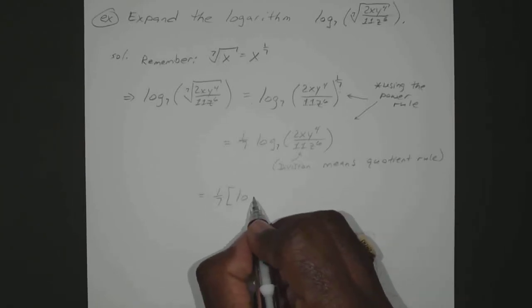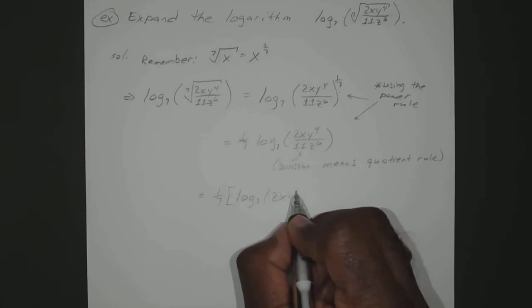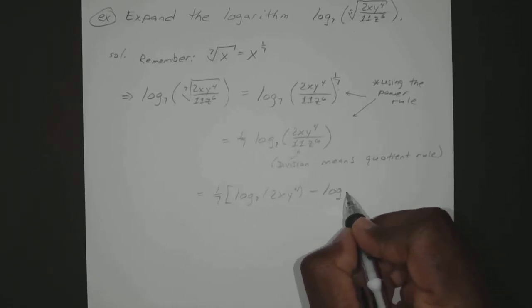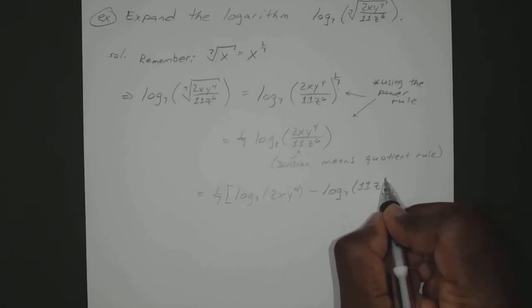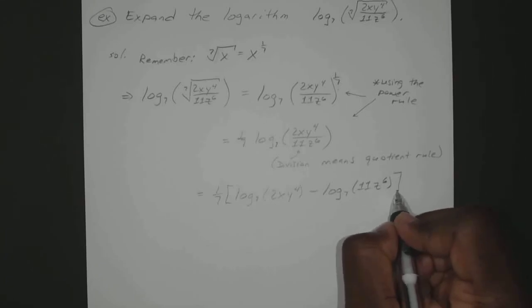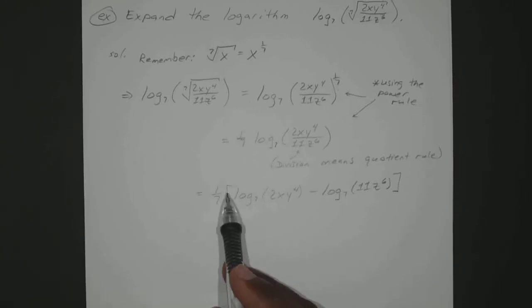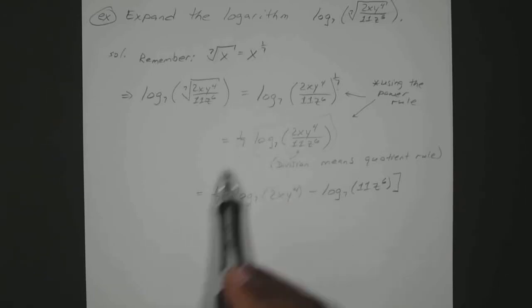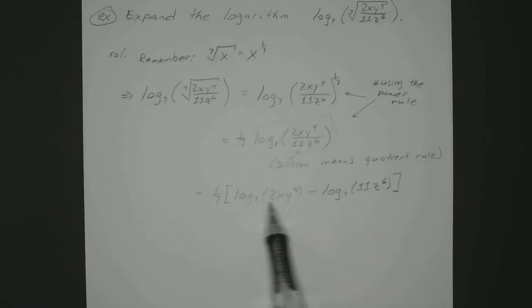Times log base 7 of 2x y to the 4th minus log base 7 of 11z to the 6th. Okay. So now remember that 1/7 is multiplied by this whole thing. So as soon as we expand that, 1/7 is still multiplied by everything there.